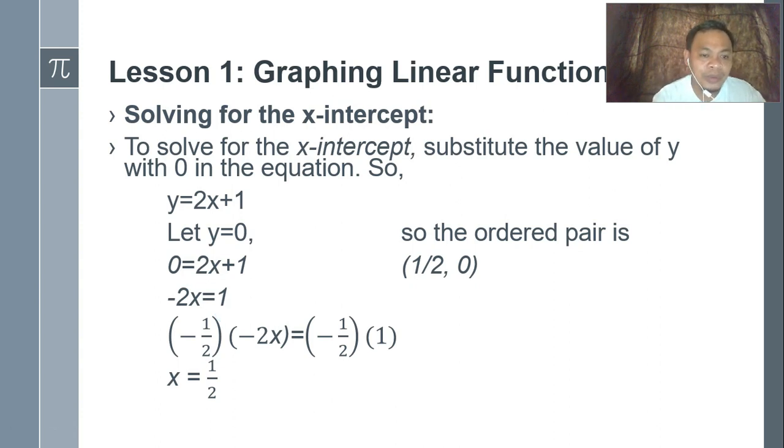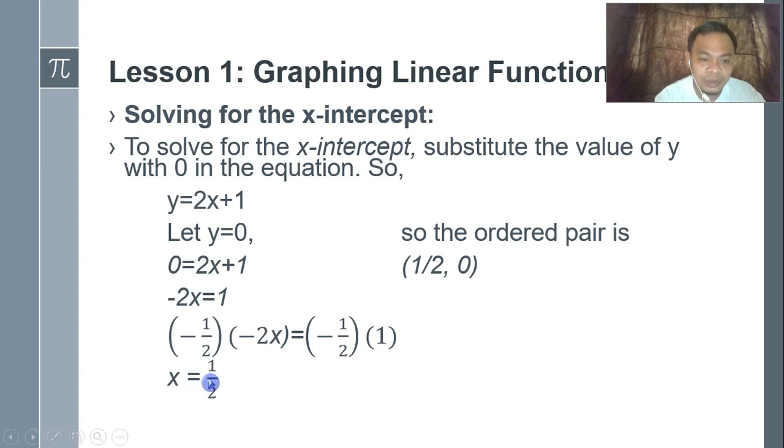We divide both sides by negative 2, or simply multiply both sides by negative 1/2 to eliminate negative 2 here. Then simplify. Our final answer is x is equal to negative 1/2.